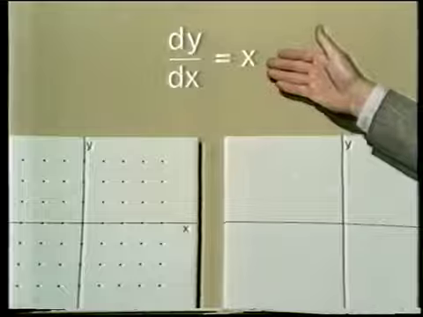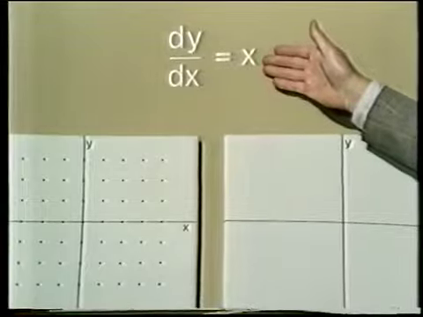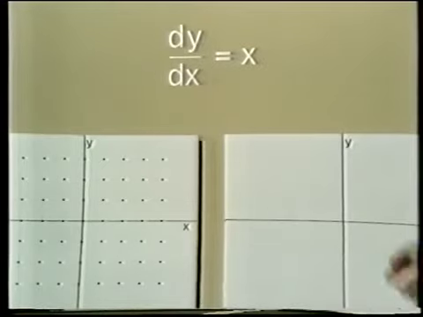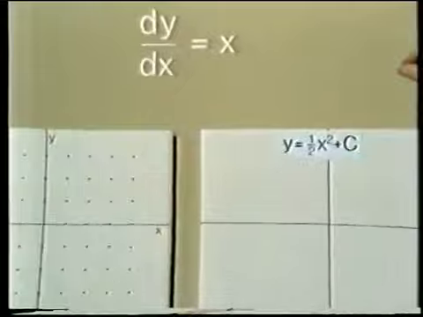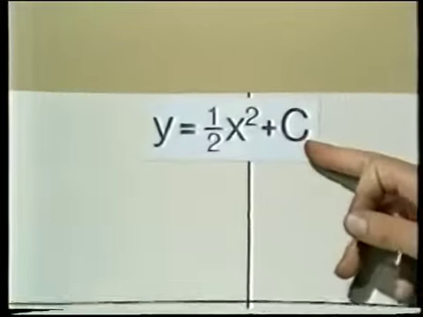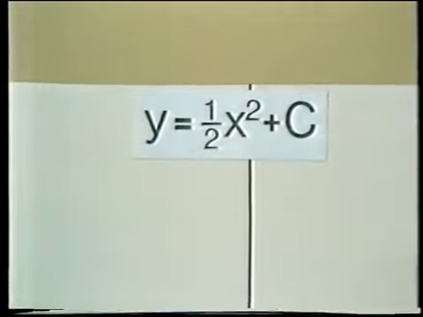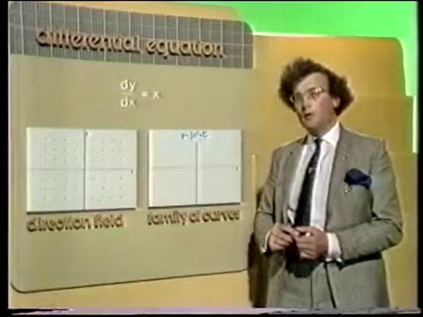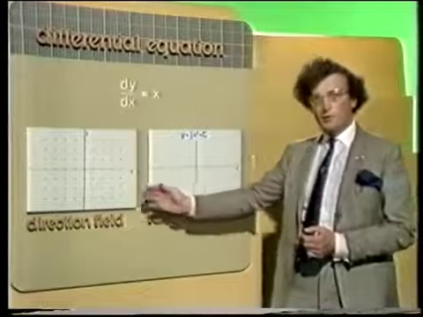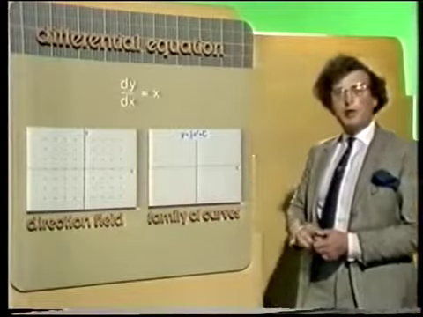But this differential equation is sufficiently simple to get there directly and analytically. Integrating both sides, we get that. And c is the constant of integration. The question is now, how does this represent the family of curves, and how does this agree with the direction field? Let's start with the direction field.